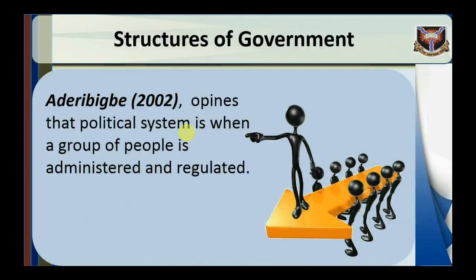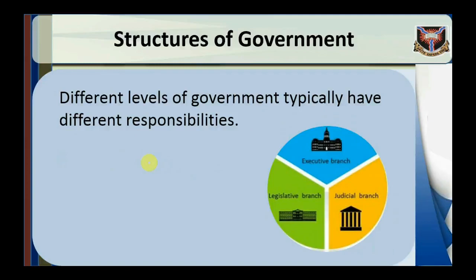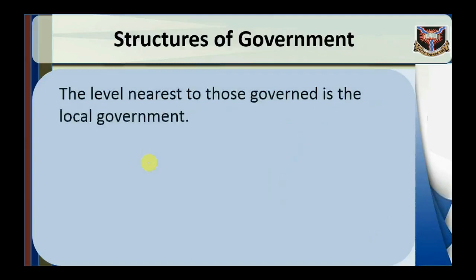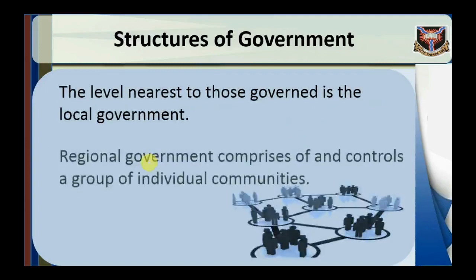Structures of government. According to Aderigbe 2002, political system is when a body of people is administered and regulated. Different levels of government typically have different responsibilities. The level closest to those governed is local government.